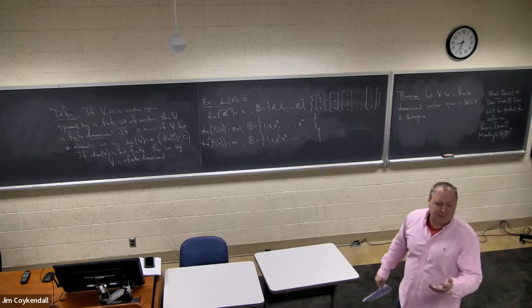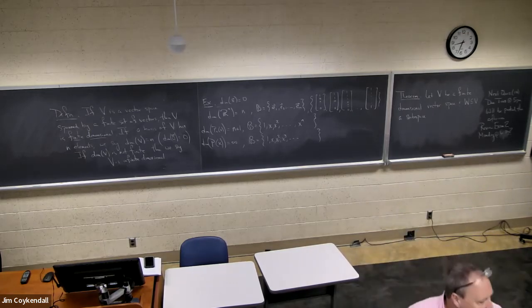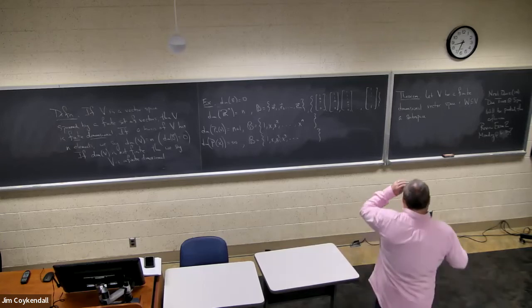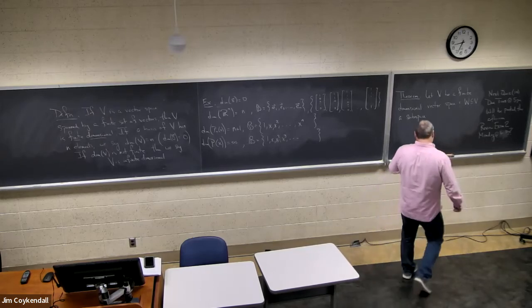Since it's a subspace of the bigger, perhaps bigger vector space V, I know zero is in W, and I know it's closed under addition and scalar multiplication. And W could be silly: W could be all of V, or it could be the zero vector. But that's the situation we've got here.